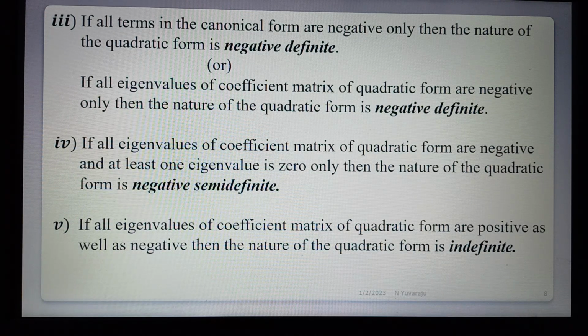Similarly, if positive eigenvalues and negative eigenvalues exist in the coefficient matrix, then the nature of the quadratic form is indefinite. So this is the definition of quadratic forms and some other definitions of quadratic form, canonical form and basic definitions.